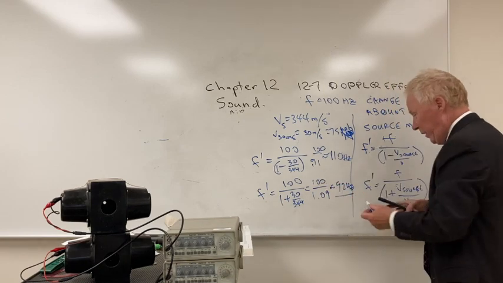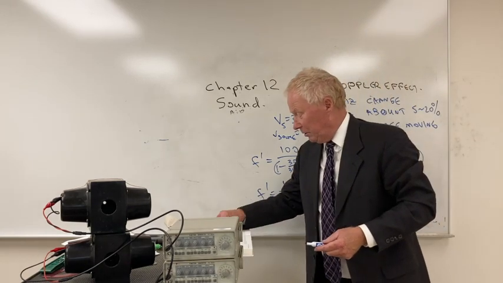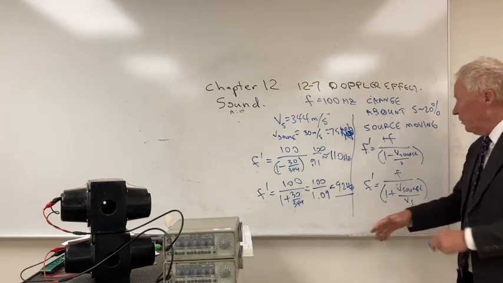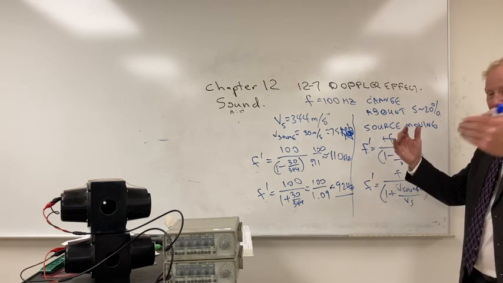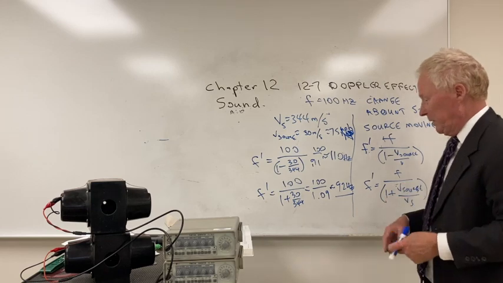So if it's moving away, it would be about 92 hertz, and moving towards about 110. You could detect it easily as it passes right by you going 75 miles per hour.